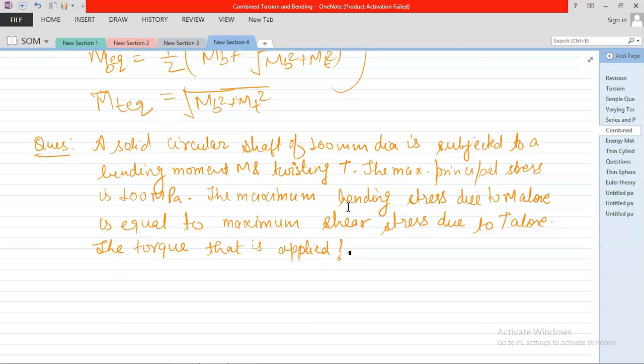The equations are in front of you. Apply the maximum bending stress and maximum shear stress equation and then maximum principal stress equation. You can obtain the torque value.